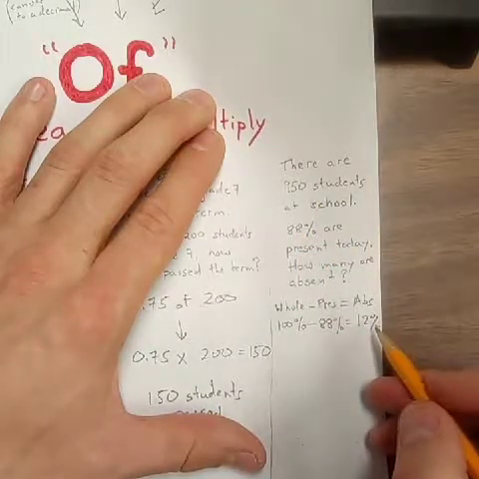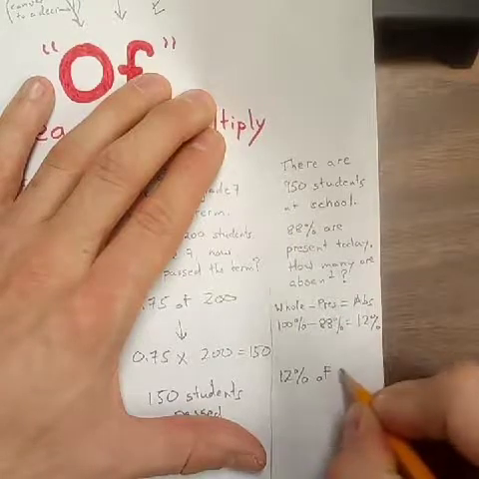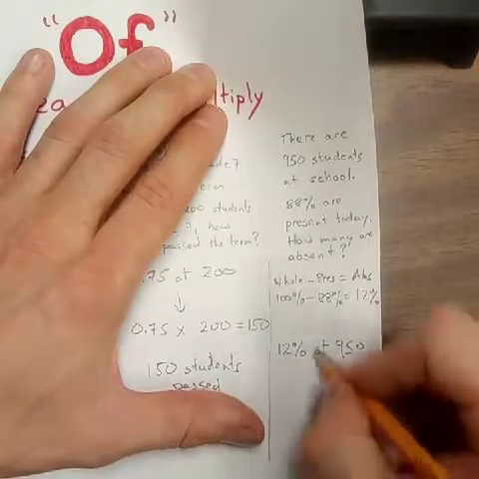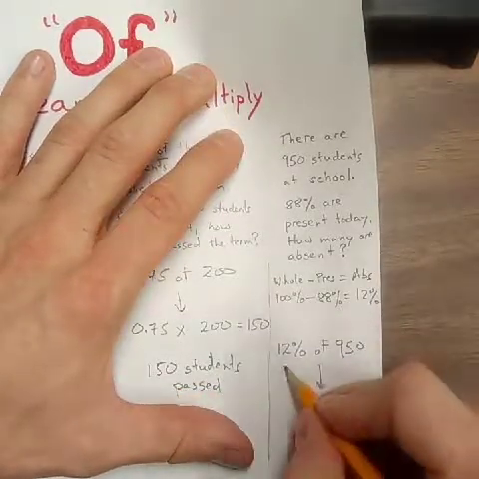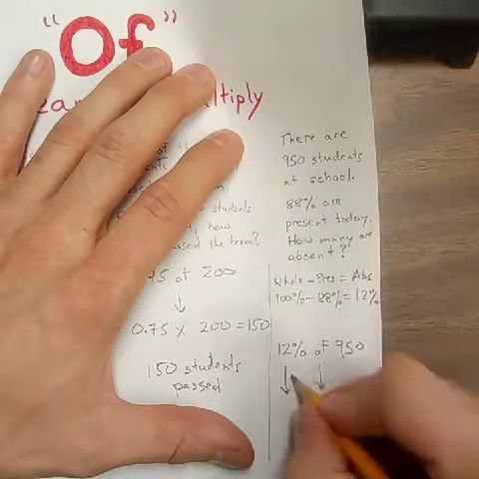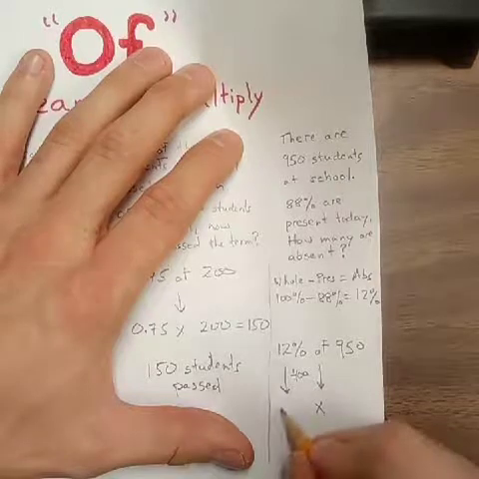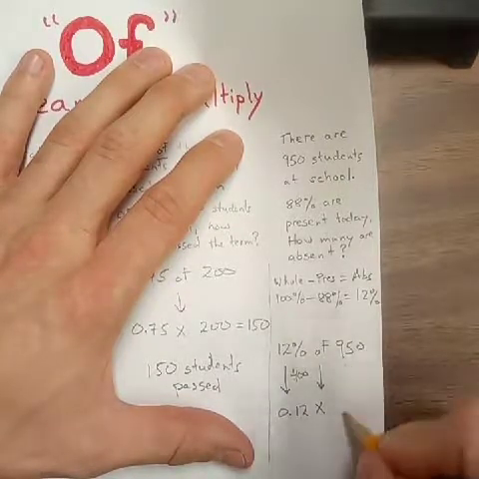So this 12% absent is 12% of my 950 students. Of means times, multiply. Percent, we want to convert to a decimal by dividing by 100. That gives us 0.12. 950 we just bring down.